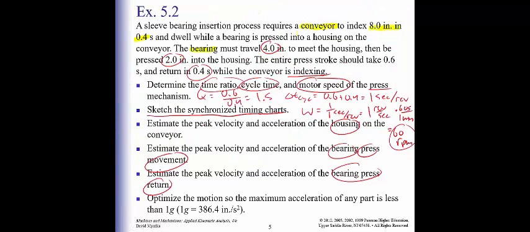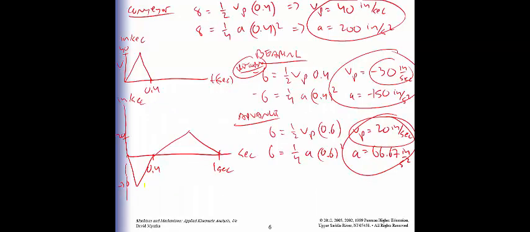All right, and the last thing is something that I like to do is called optimization, and that's the motion. So we're optimizing the motion so the maximum acceleration of any part is less than 1 g, which is 386.4 inch per second squared. So how do we get that done? Well, it all starts with finding the biggest magnitude of acceleration that we have here, which is right here, 200 inch per second squared.